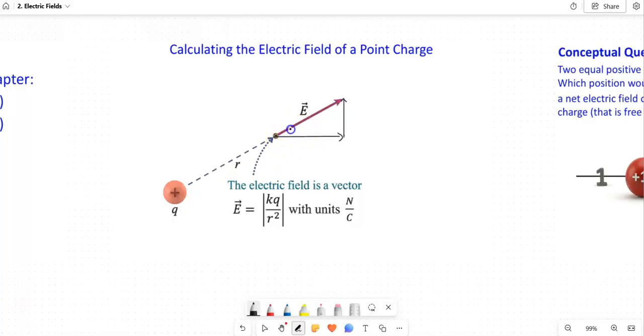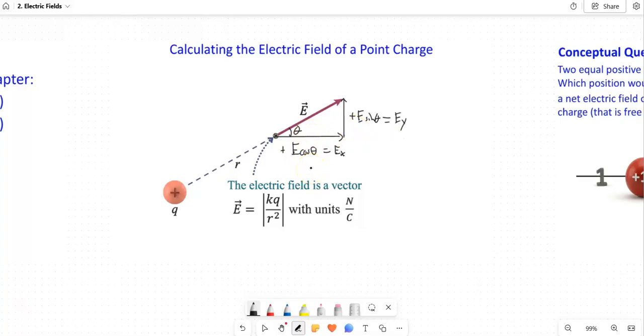And if this is angle theta, it'll be E cosine of theta pointed in the positive x direction. And the electric field here will be pointed in the positive y direction, and that'll be E sine of theta. So it'll have two components in this case.